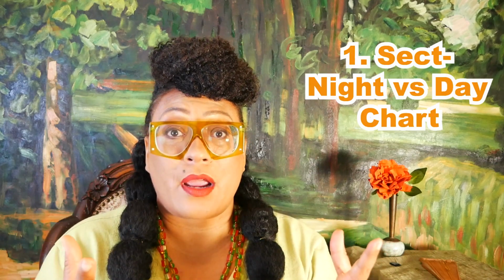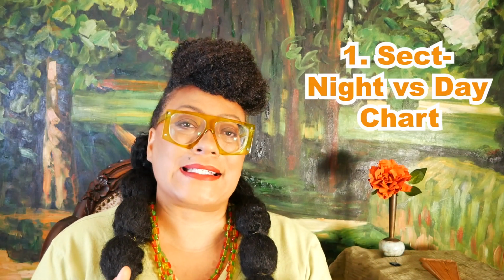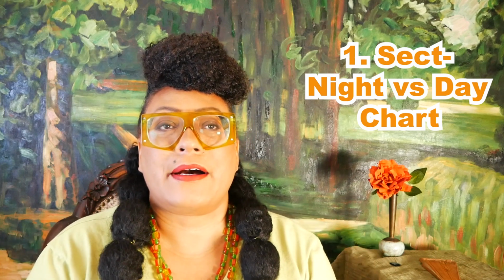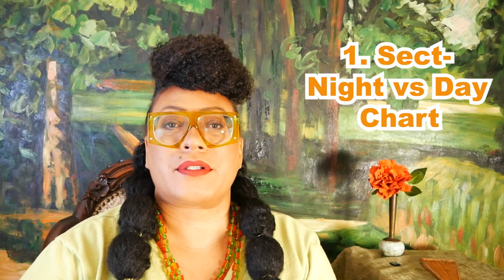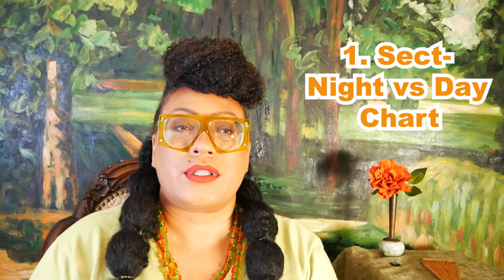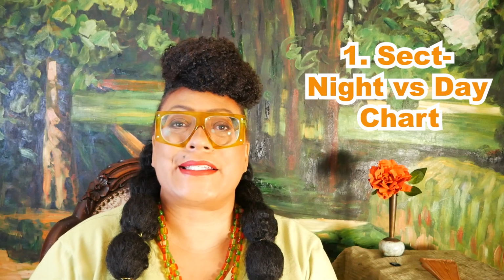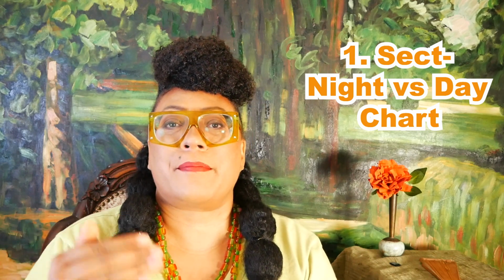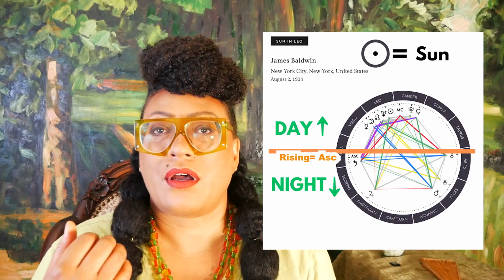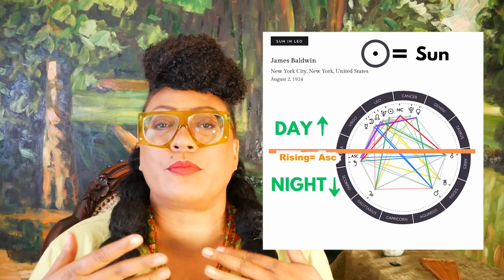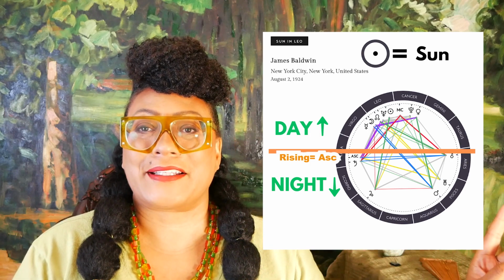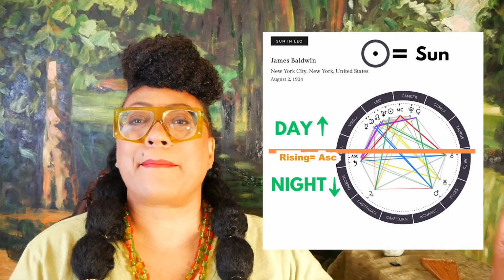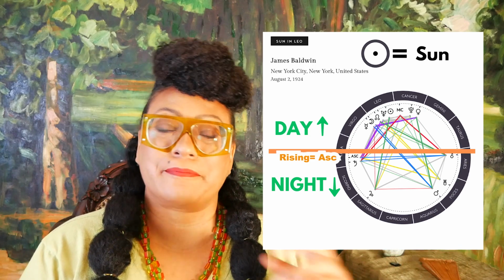The first concept that I want to introduce to you is the idea of sect. This is a traditional Hellenistic astrology concept that talks about the rising sign and how it divides the chart from night to day. If the rising sign is the sign that is on the horizon at the moment of your birth, then that means that the setting of the sun can be represented directly opposite of your rising sign, right?